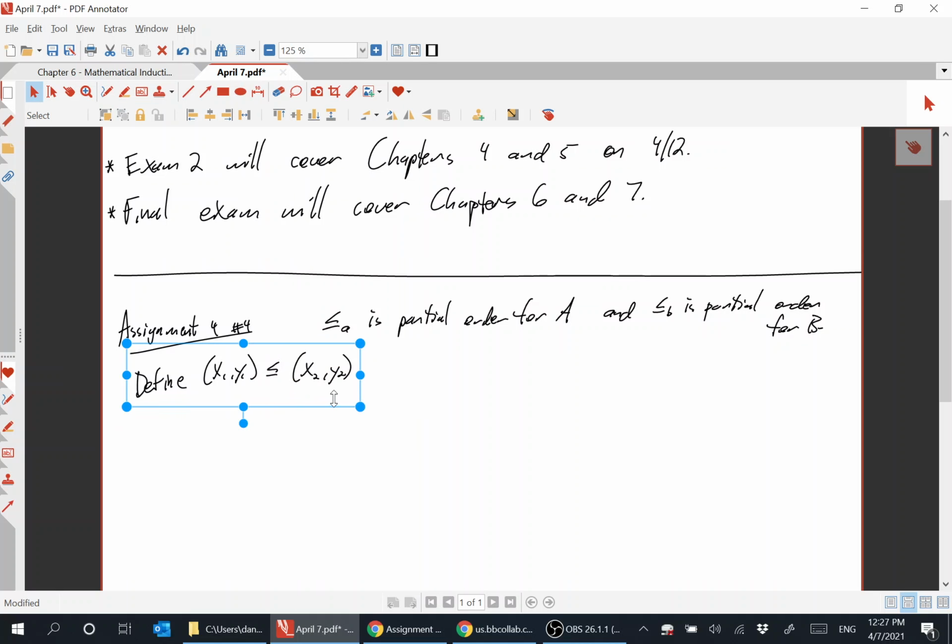A is a partially ordered set, and B is a partially ordered set. We don't know anything about them, just that they are partially ordered sets.